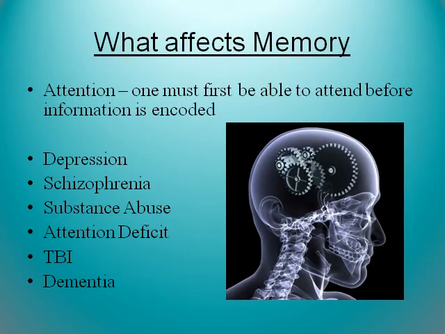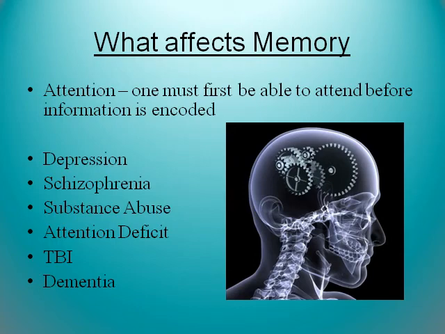And what else affects memory? Well, we talked a little bit about depression, but there are many other things that can affect memory, and it all ties back to attention. All of these things are affected by attention. Schizophrenia. Someone's so internally preoccupied, they're not going to be paying attention to the things that are on the outside. Substance abuse. Really big effect on attention.